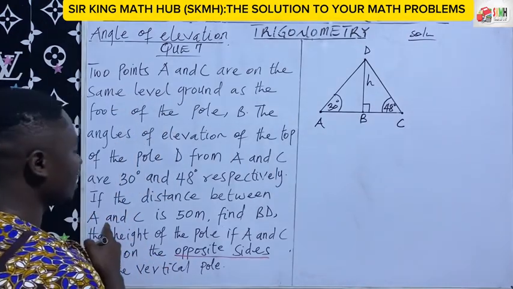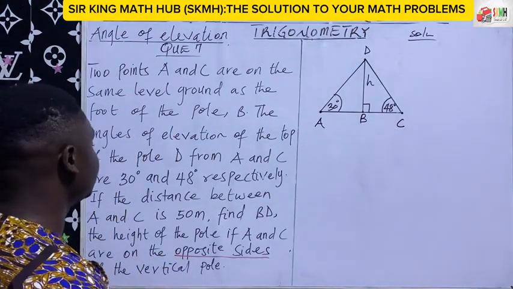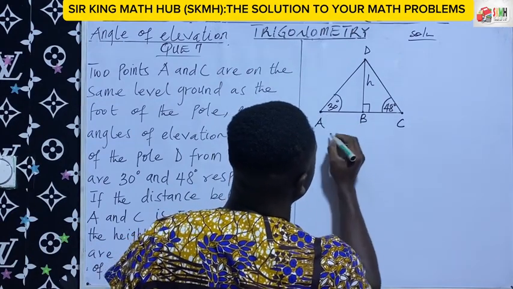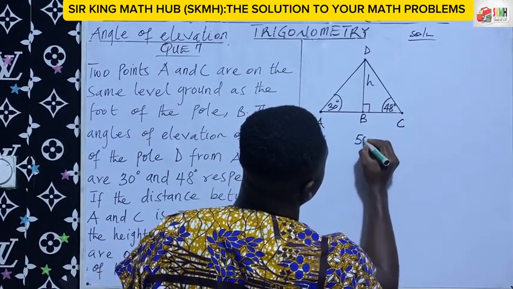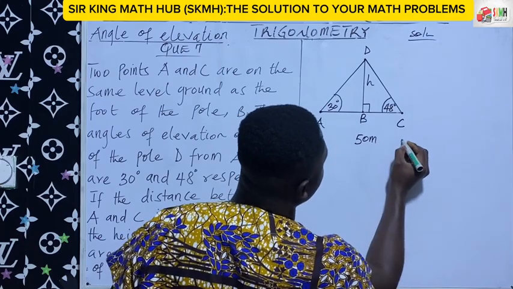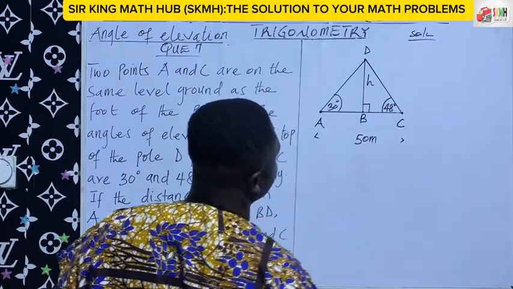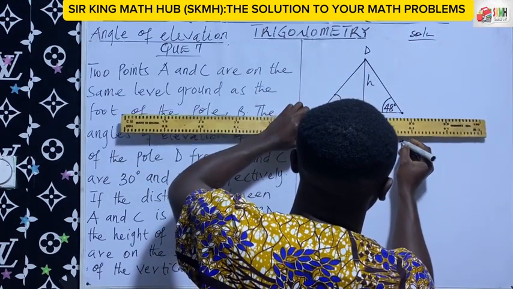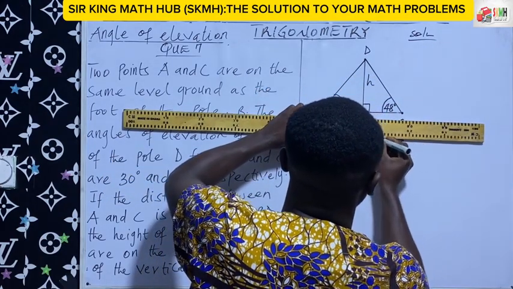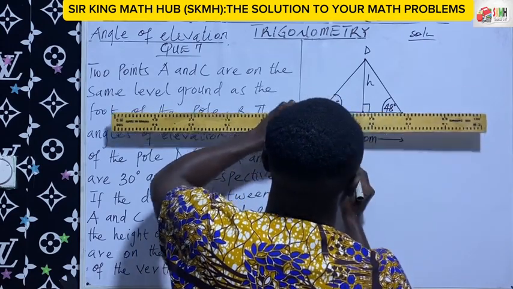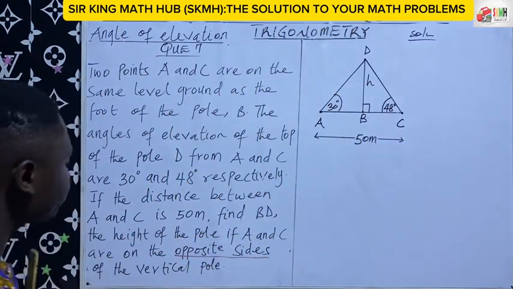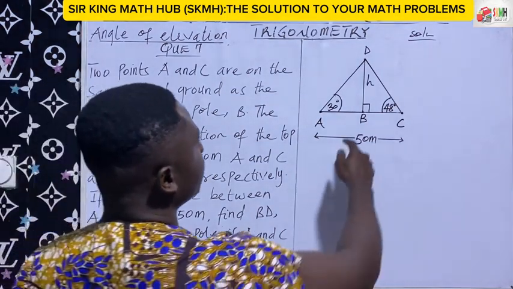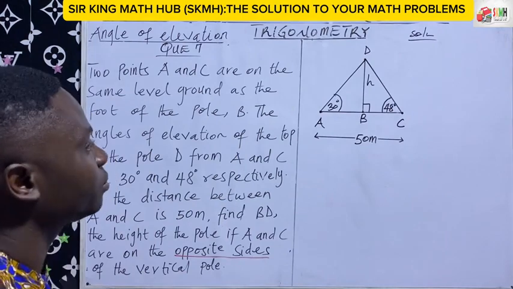Don't forget that we were given the distance between A and C. So the distance from A to C was given as 50 meters. So with this, we have to calculate the height of the pole.